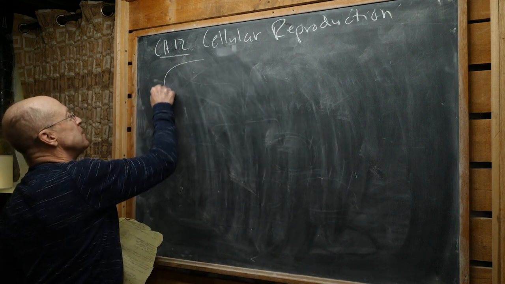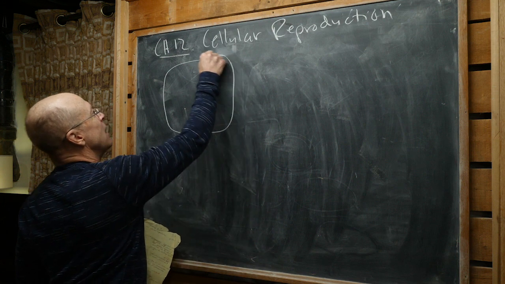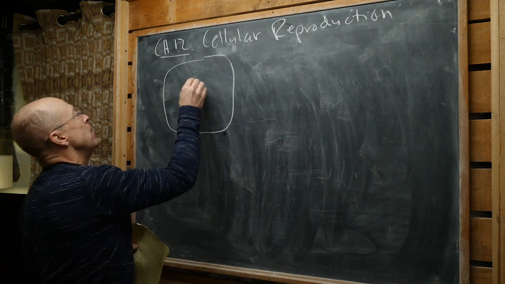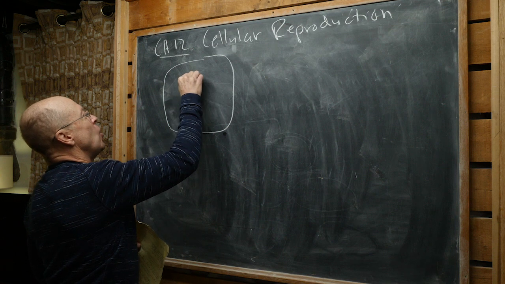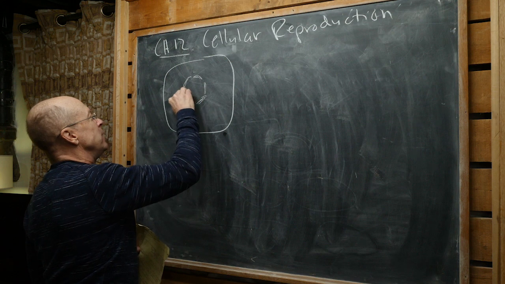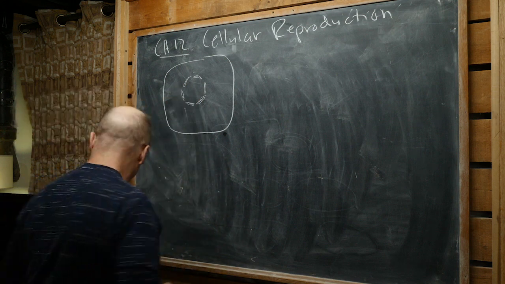So if we draw a typical cartoon of an animal cell, we've got our phospholipid bilayer, you're used to that. Then we have this nuclear envelope, and of course I'm drawing double membranes here. I'm not going to throw any organelles in at all.